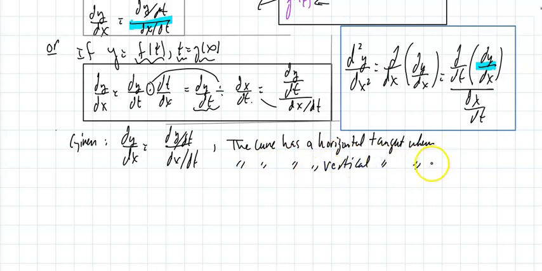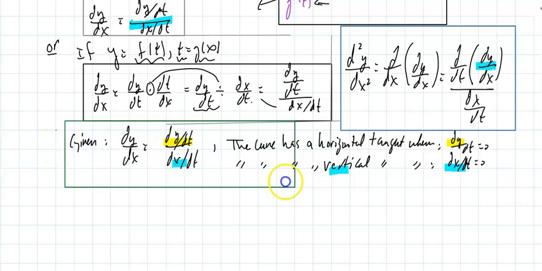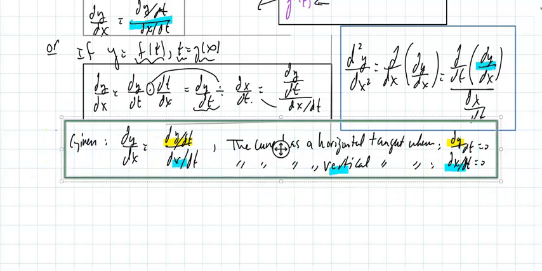So let's see. We have a horizontal tangent line when the slope of the line is 0, and a slope of a line is 0 if in this case, the top equals 0. And we have a vertical line if the slope of the line is undefined. Since this is the slope of the line, that's when dx/dt equals 0. And that's something that you need to keep in mind as you do these problems.